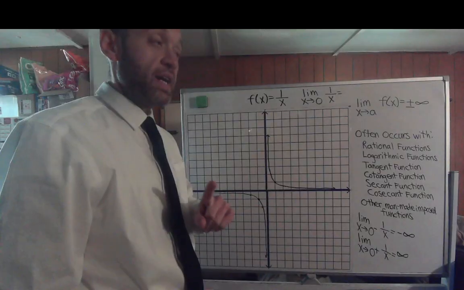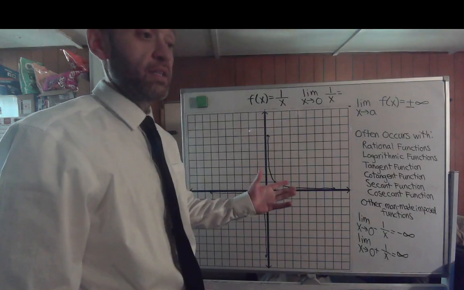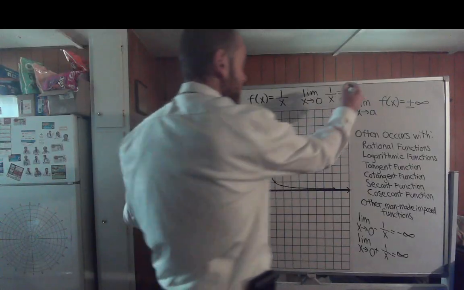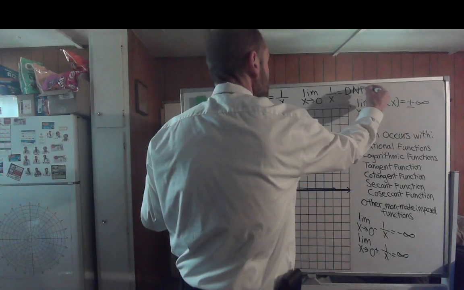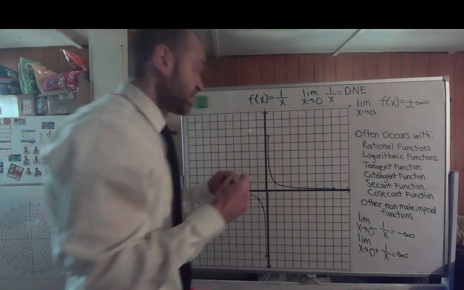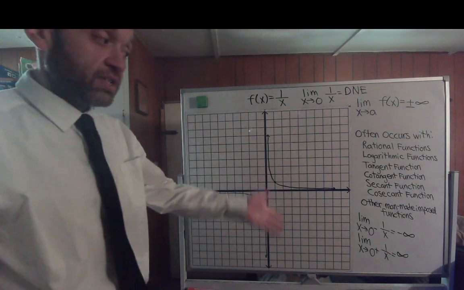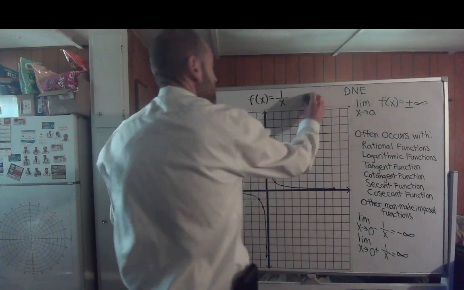But the third criteria is that the left-handed limit must equal the right-handed limit. Well, negative infinity does not equal positive infinity, so the general limit as x approaches 0 of 1 over x does not exist. So the general limit would not exist, but you have a left-handed and right-handed limit.